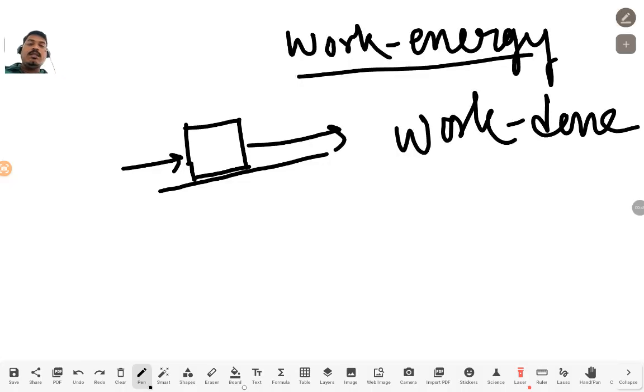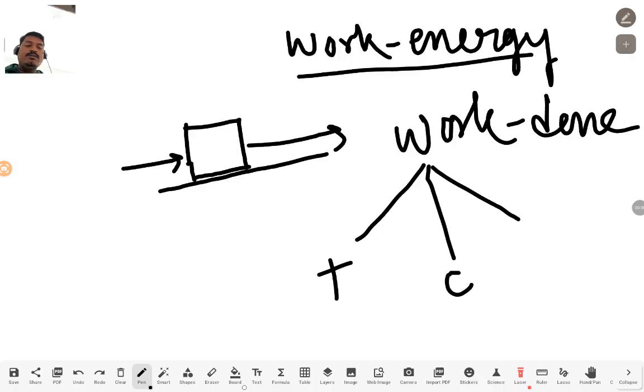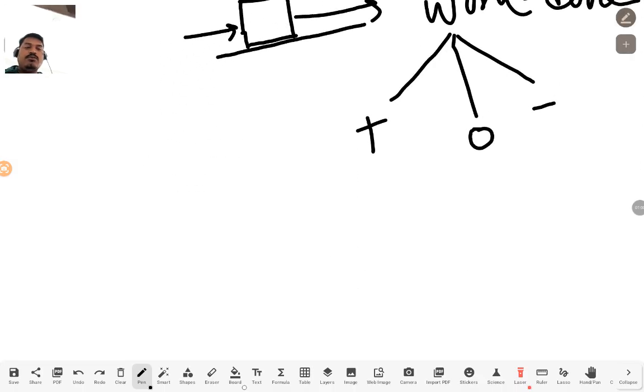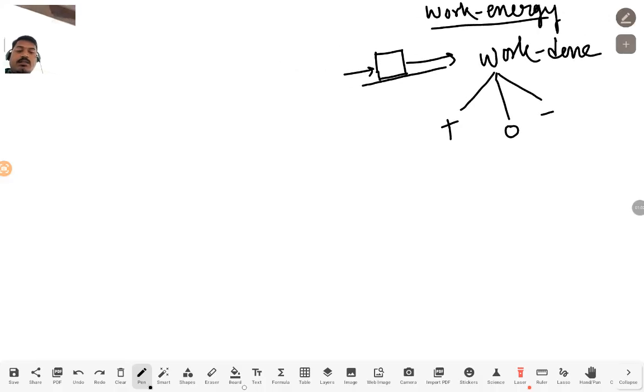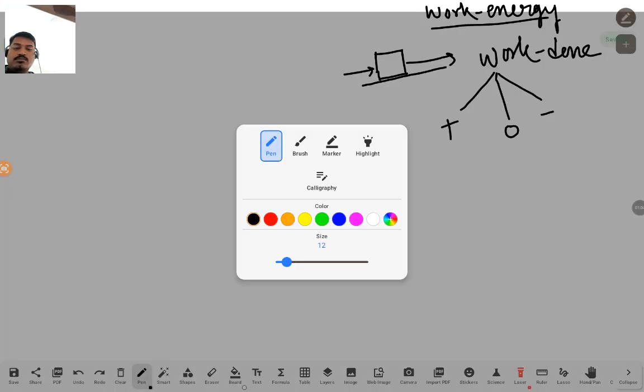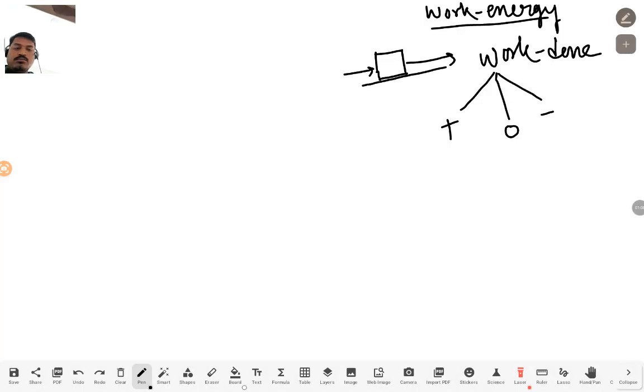Okay. Now we can classify work in three parts. First one is positive work. Second one is zero work, and next one is negative work. Now, what is the meaning of positive work?